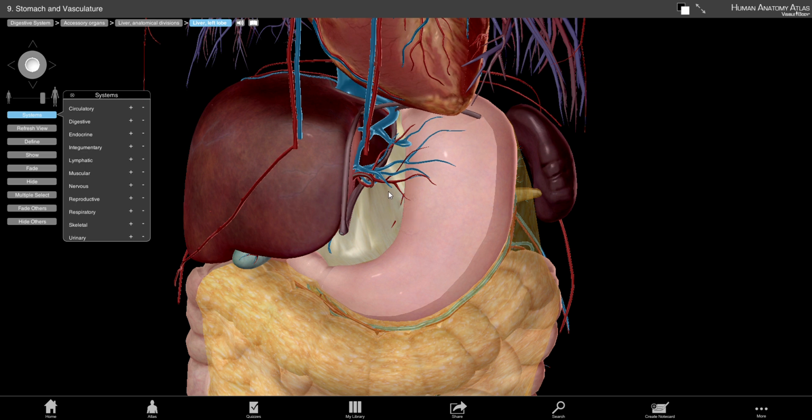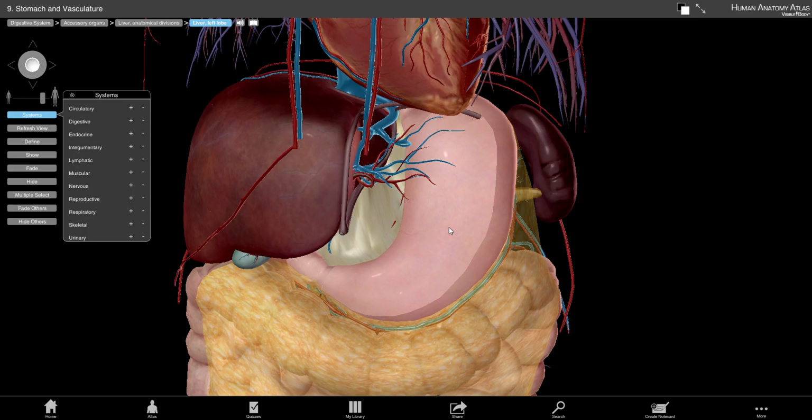This is the lesser curvature, and this is the lesser omentum, which arises from the lesser curvature of the stomach and attaches to the liver. The greater curvature is found here on the left side, and the lesser curvature on the right side.